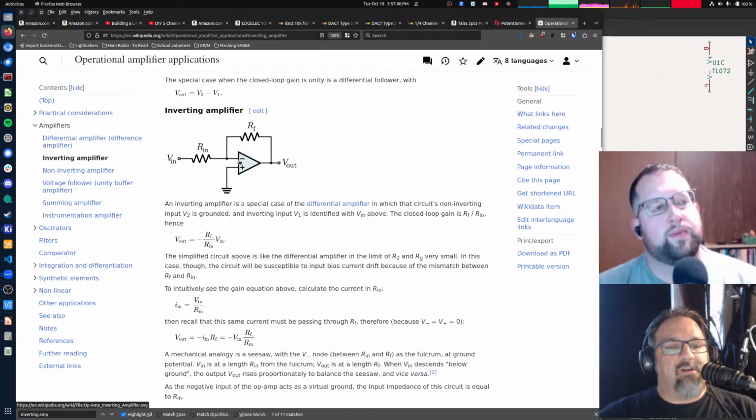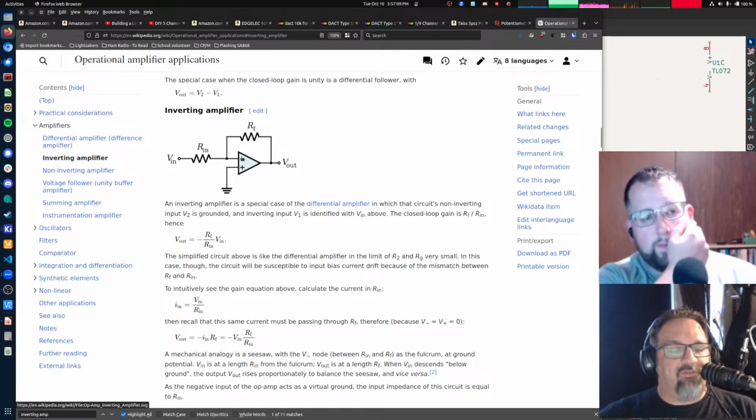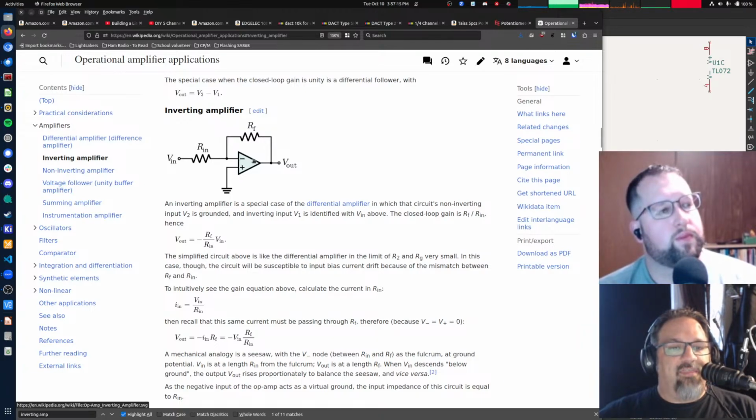If the positive input of an op amp is more positive than the negative input, so if there's a higher voltage on this node than on this node, then the op amp will increase the output voltage until they match.